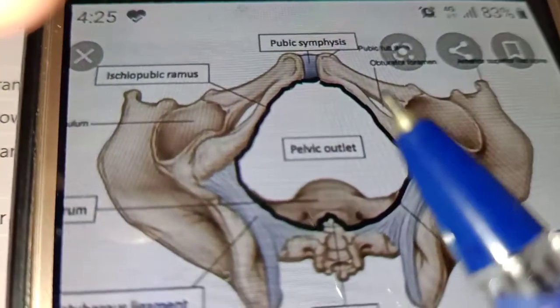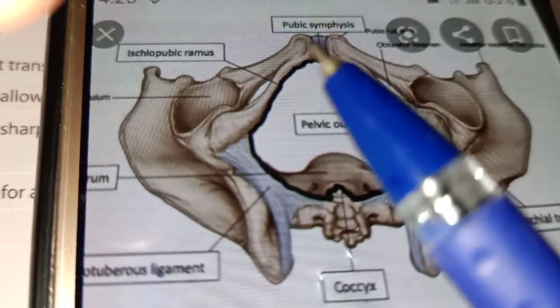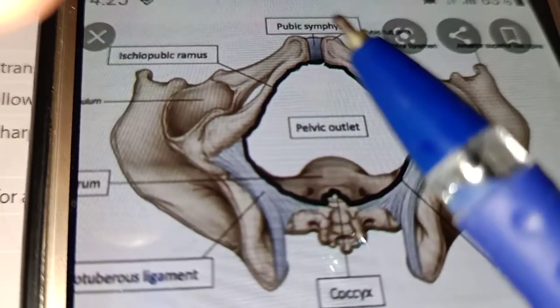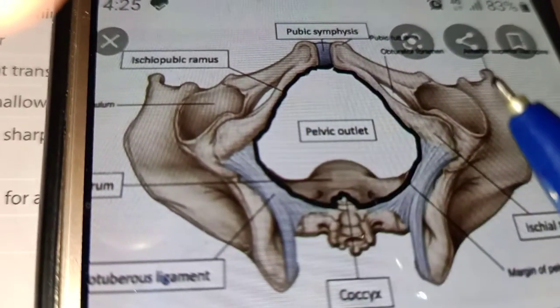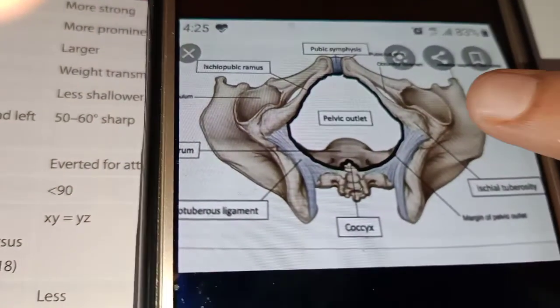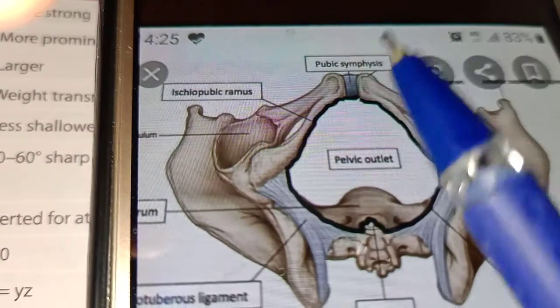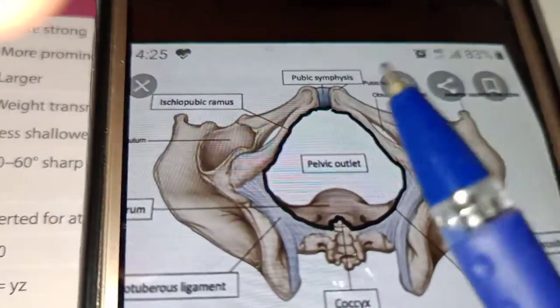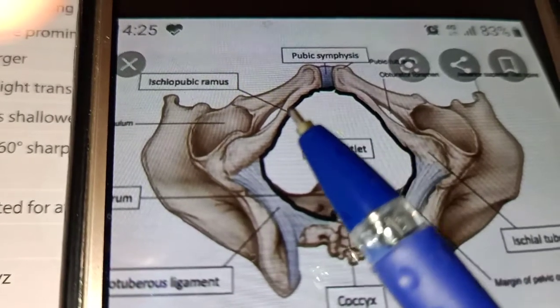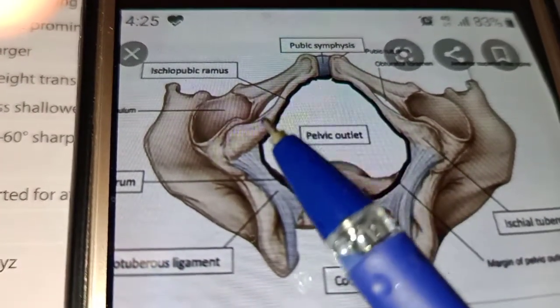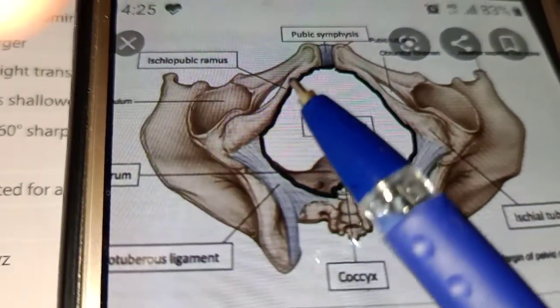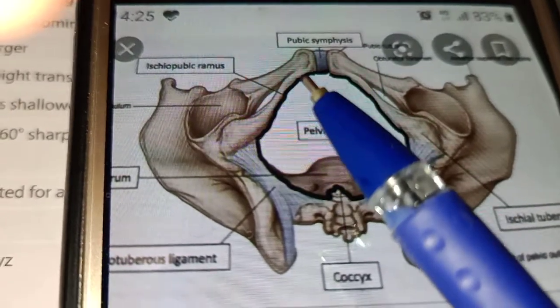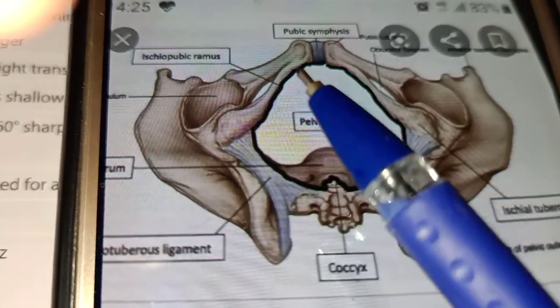So the pelvic outlet, what are the boundaries? Anteriorly, posteriorly and laterally. Anteriorly would be the pubic arch. You know this. Then laterally would be the ischial tuberosity first.